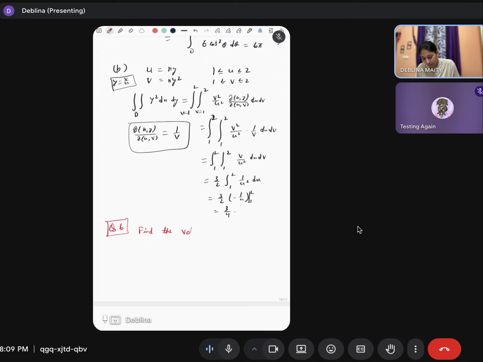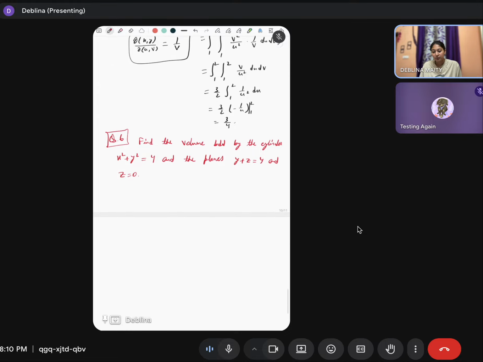Find the volume bounded by the cylinder x square plus y square equals 4, and the planes y plus z equals 4 and z equals 0. Okay, so we have a cylinder and two planes, and we have to find the volume between these planes.